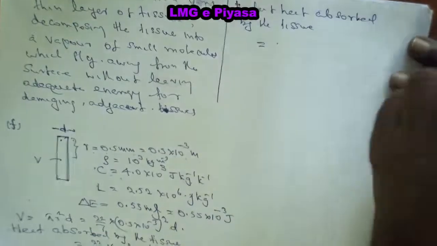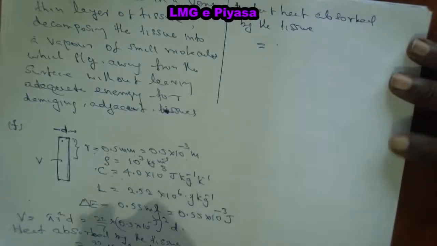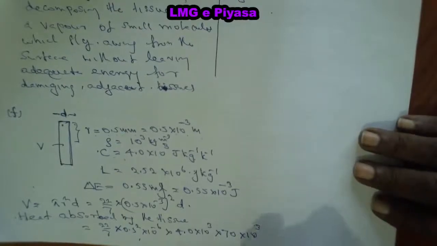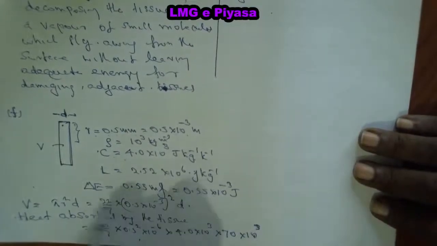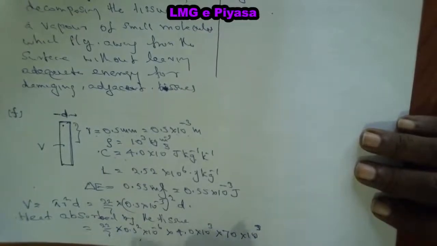Then latent heat, because you have to convert this volume into mass. When you convert, you have to multiply by 10 to the power of 3, that means 1000. If you multiply this volume by 1000, then you get the total mass, right?